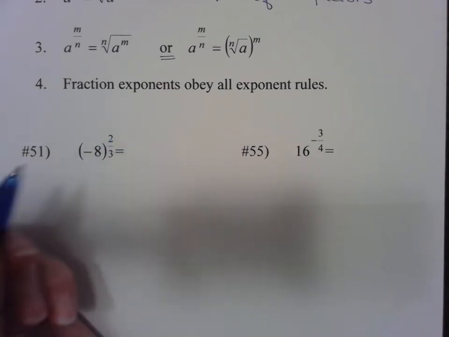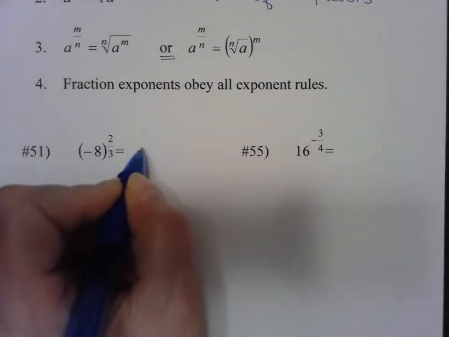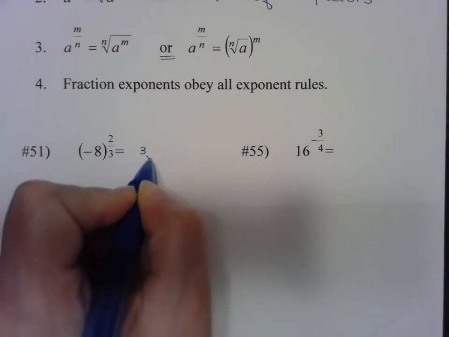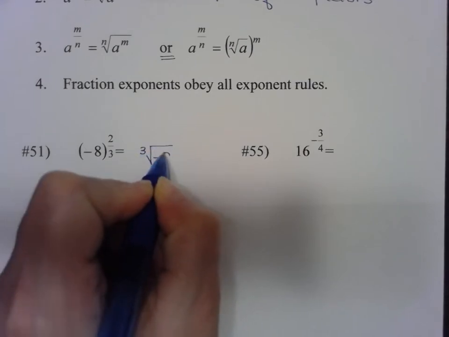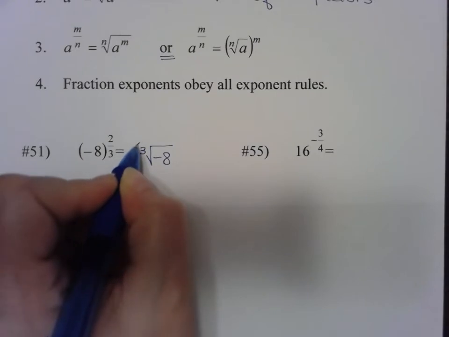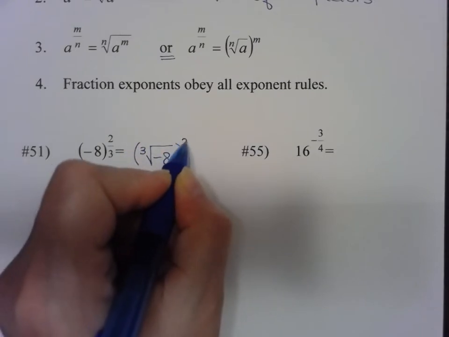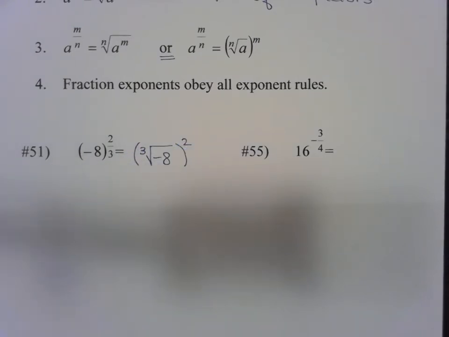This time, because -8 is a perfect cube, I'm going to apply the root first. And then I'm going to apply the power. For this problem, it's very equivalent. So we could have gone the other way. We could have done the power first, and it really wouldn't be any more or less work, to be honest.